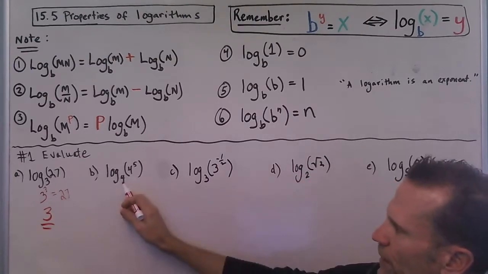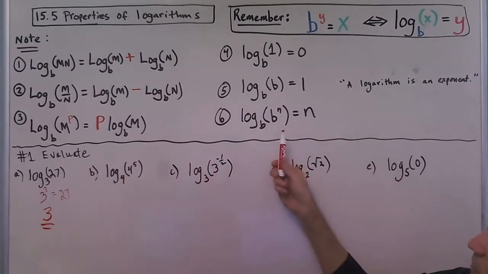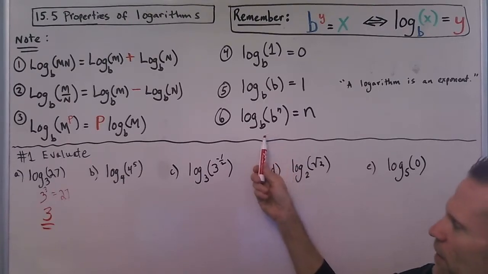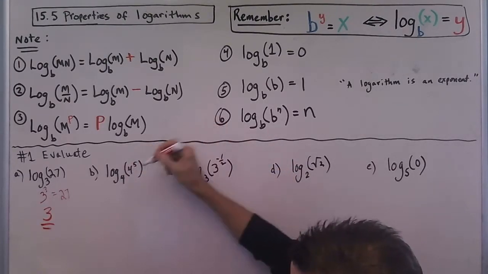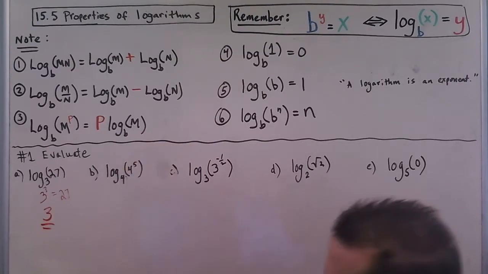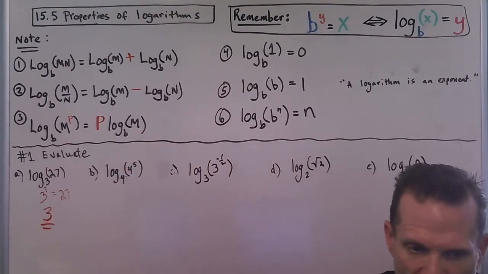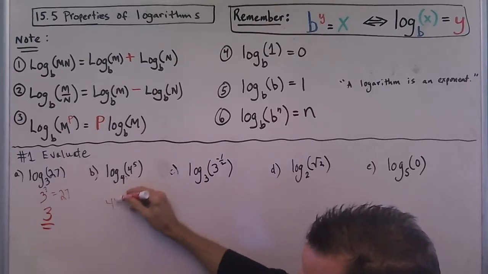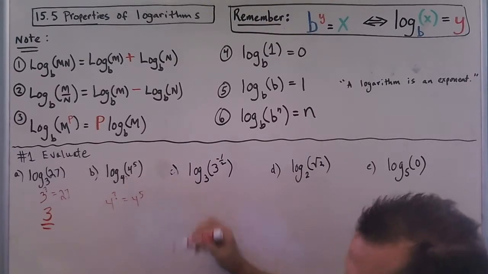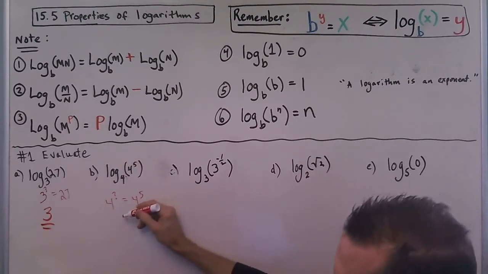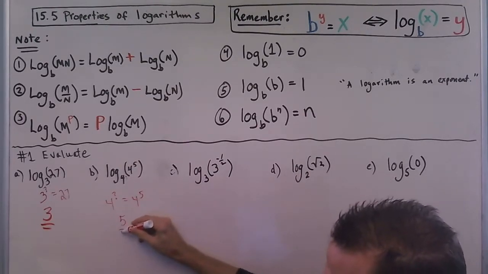And then looking at this one here, that is actually this rule here, but you could put a little question mark right here. It's very small, you can hardly even see it. What I have is 4 to what power equals 4 to the 5th? And 4 to the 5th power equals 4 to the 5th.